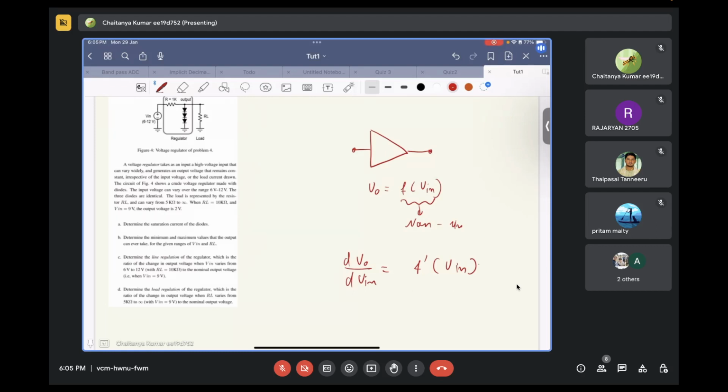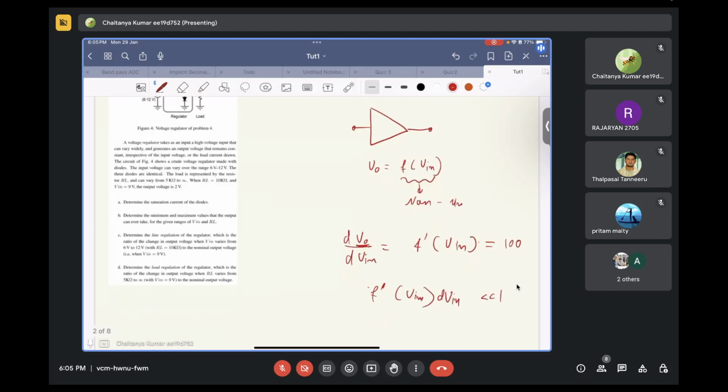Now let's say you work out the math and see that you want a gain of 100 out of this. So you try to get the gain. And if your incoming signal is not a small signal, that is to say f dash of Vin times dVin is not much less than 1, then some amount of non-linearity due to this function will start creeping in.